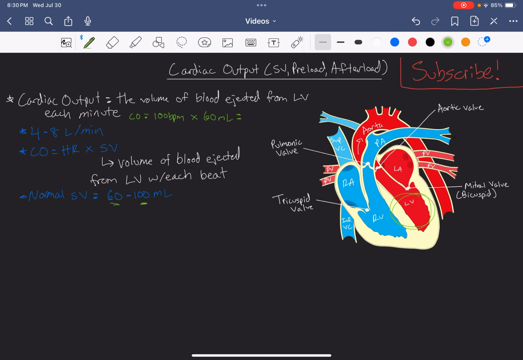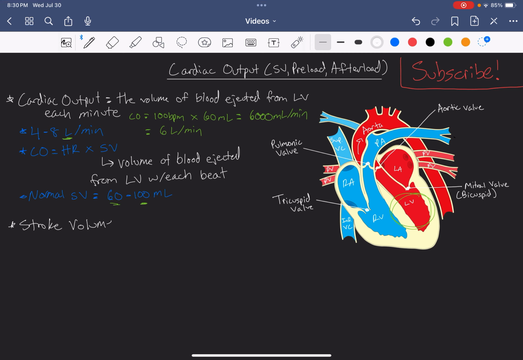So 60 times 100 is going to give us 6,000 mLs per minute. And now we know that cardiac output is measured in liters per minute. So 6,000 mLs per minute is equal to 6 liters per minute, which is right in the middle of our range. That's perfect. Okay, now to understand this more, we need to look more into the stroke volume concept.